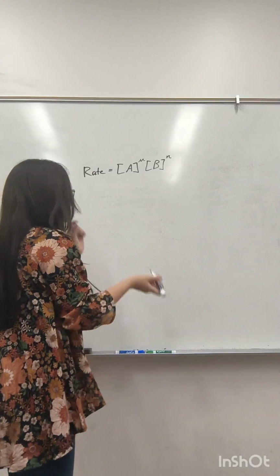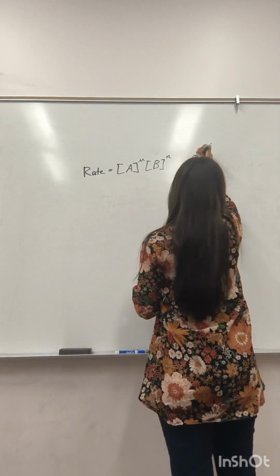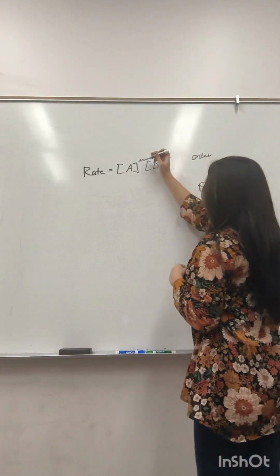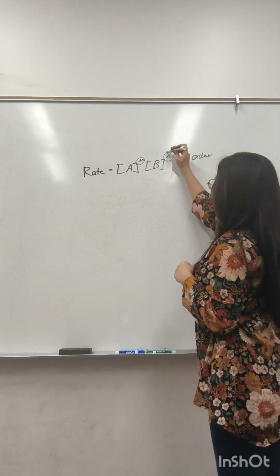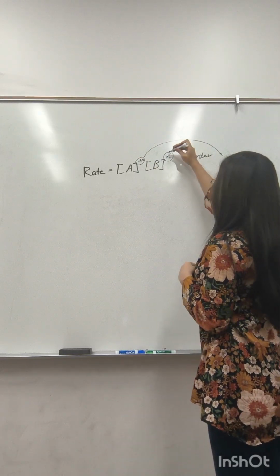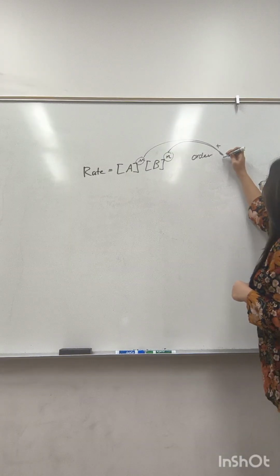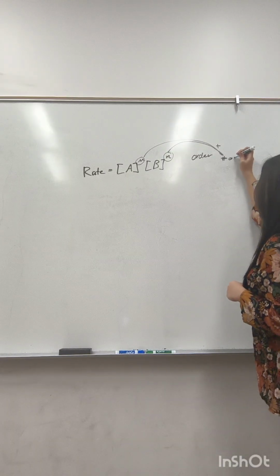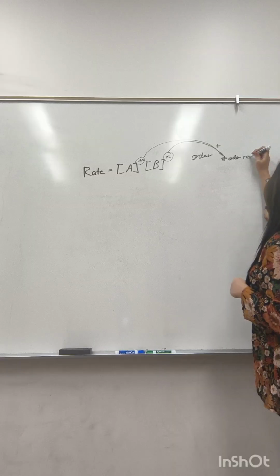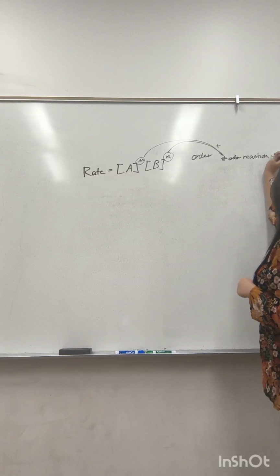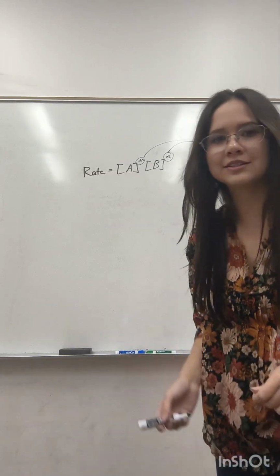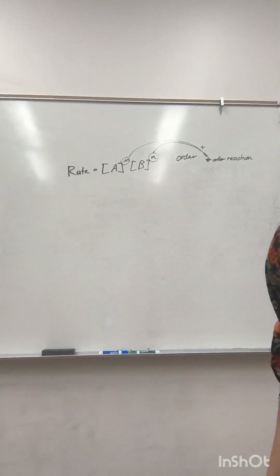Now, when you are calculating what order it is, you're going to take the m and the n, you add them together, and this will tell you what number your order reaction is. So it'll look something like that.